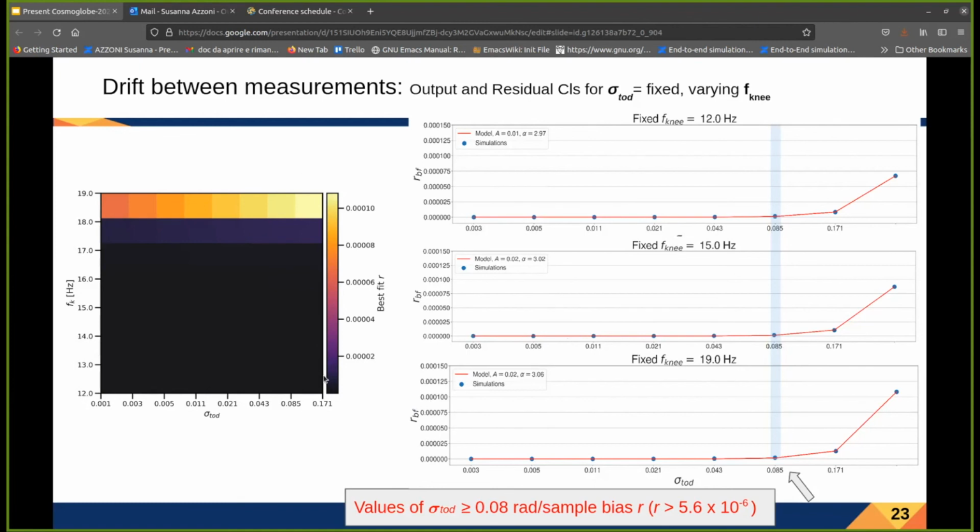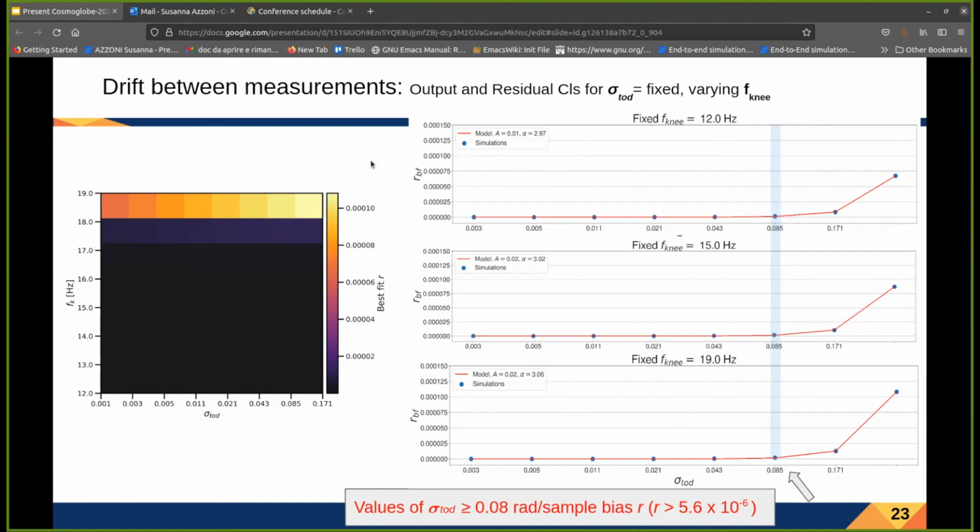And so we ran a few simulations, but then to optimize the space on the disk that was used to save all the results for the simulation, we've got a sparse resolution in this 2D graph for R. Then we are a bit more analytical on these, and so we fix a given f_knee, and then for different values of sigma TOD, we predict what R is going to be.